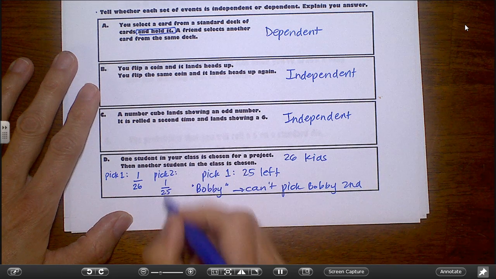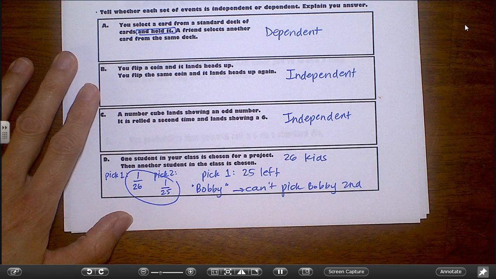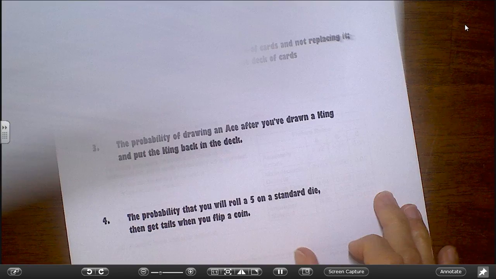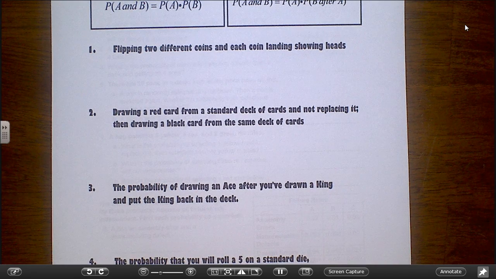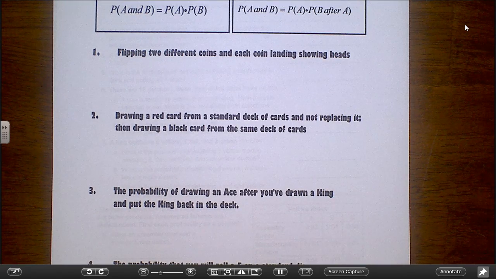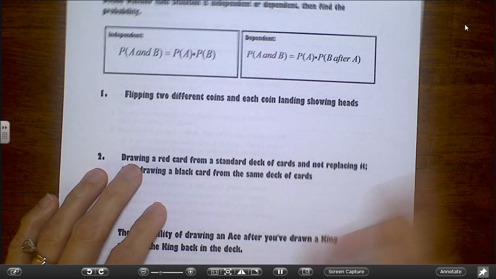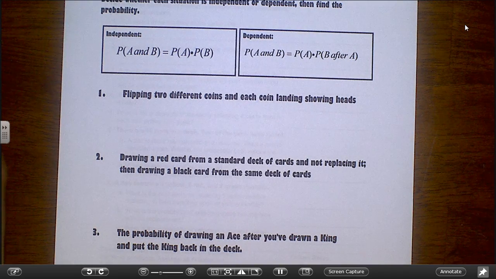And what we're going to do with these two probabilities is the subject of the rest of this lesson. Okay. So before you figure out probabilities of this, you have to figure out whether you're dealing with independent or dependent events every time.